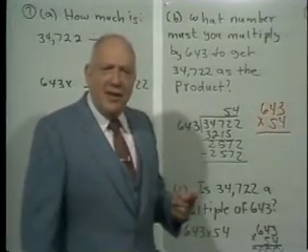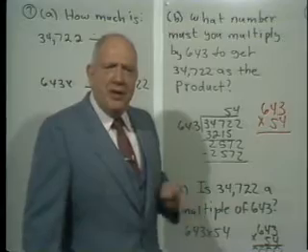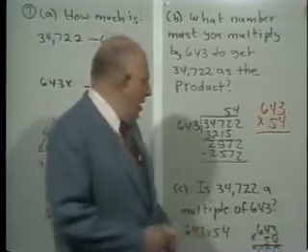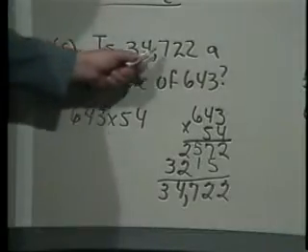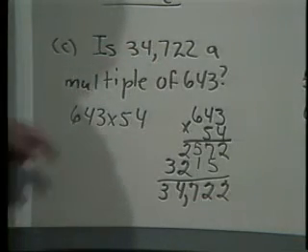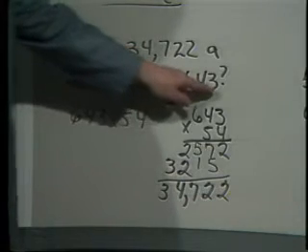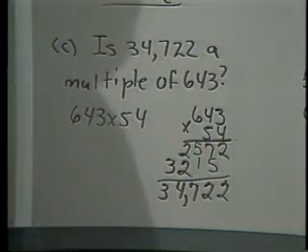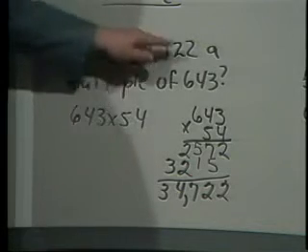You see, what I want you to see is that when you do either A, B, or C, you've done all 3. Part C says, is 34,722 a multiple of 643? What that says is, if you were counting by 643s, would you ever come to 34,722 exactly? And the answer is yes.